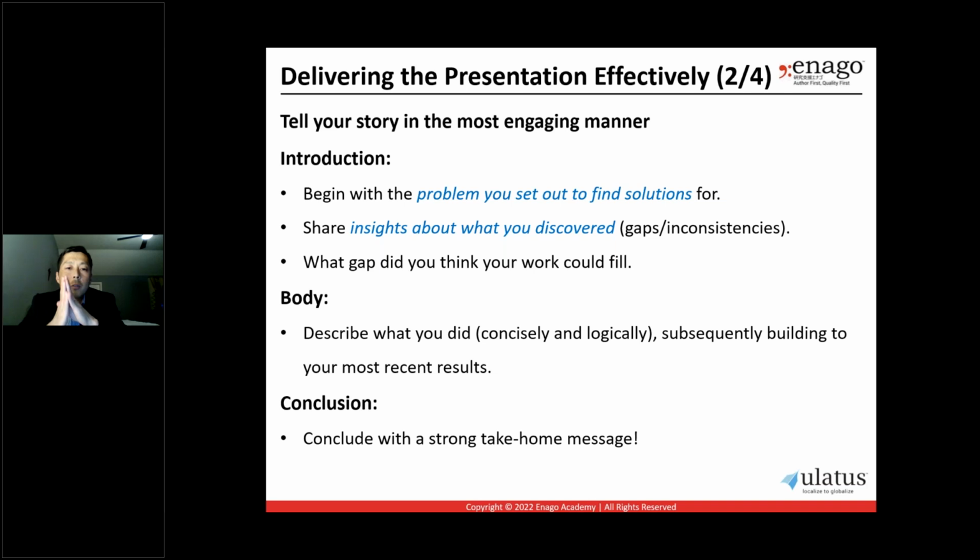When you did your research, there was a problem that you were trying to find a solution for, and you did find things that were insightful, or that filled gaps, or solved an inconsistency in the literature. And even if you did, there are some things that you think your work could fill potentially in the future.